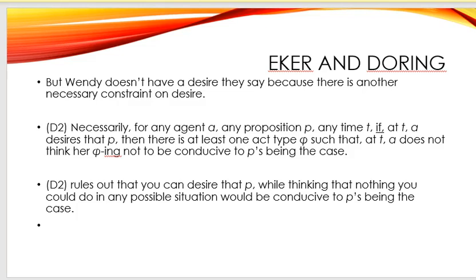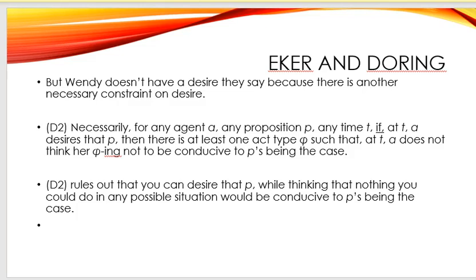So let's translate D2. If at 1 o'clock I have a desire for coffee, then there's at least one action type, walking toward the coffee shop, such that at 1 o'clock I do not think that walking to the coffee shop is not conducive to having coffee.